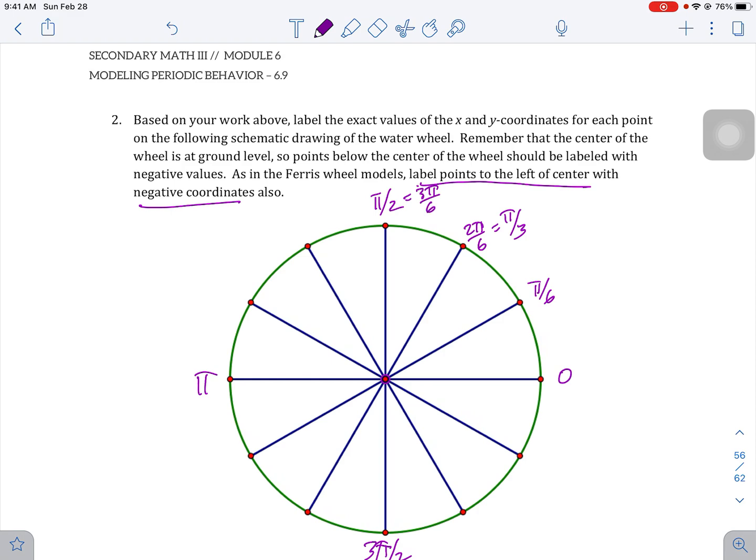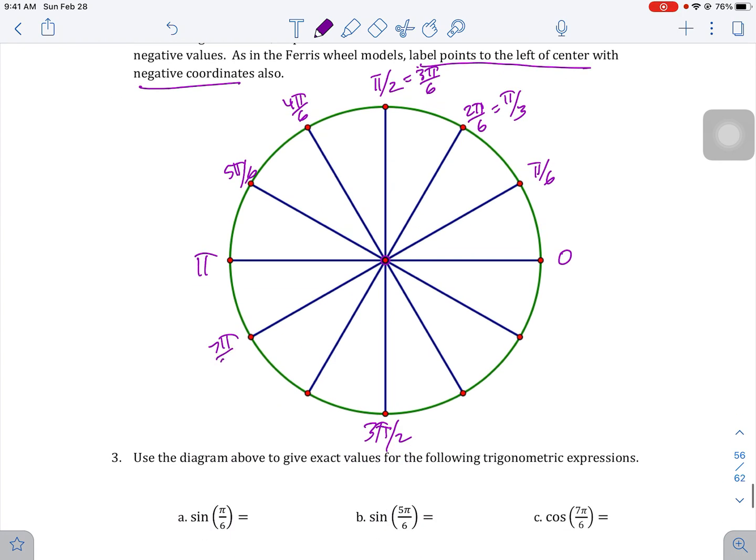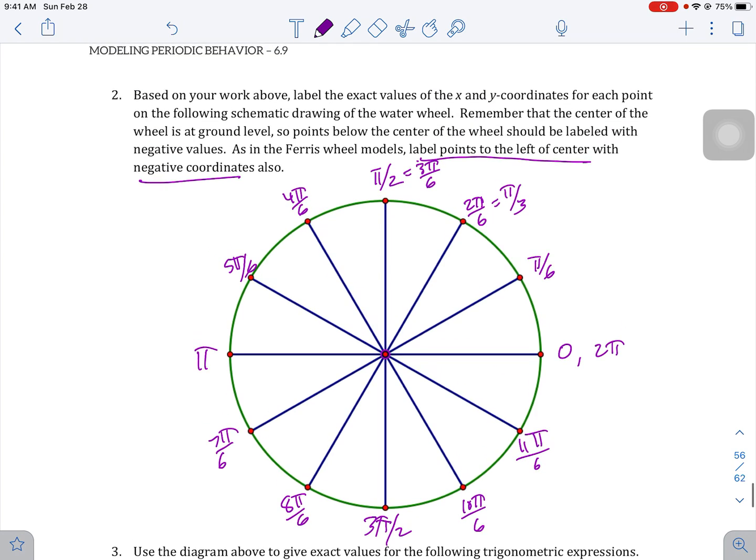And without simplifying, we can say 4 pi over 6, 5 pi over 6, 6 pi over 6, 7 pi over 6, 8 pi over 6, 9 pi over 6, 10 pi over 6, 11 pi over 6, and 12 pi over 6, which is 2 pi. So that represents the radian measure, although I haven't simplified those.